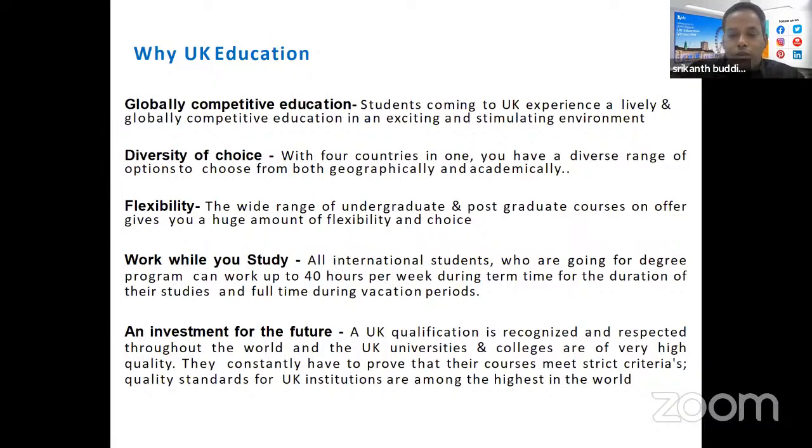You can choose wherever you want. In Scotland, we have famous universities like the University of Glasgow and the University of Edinburgh. In Wales, we have Cardiff, and in Northern Ireland, we have Belfast. In London, we have famous universities like Oxford and Cambridge.